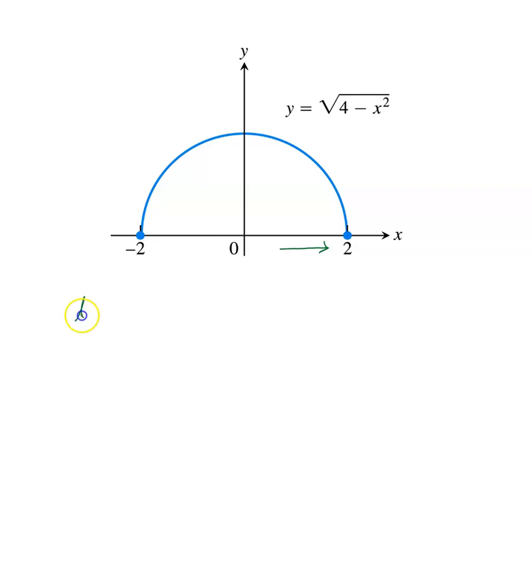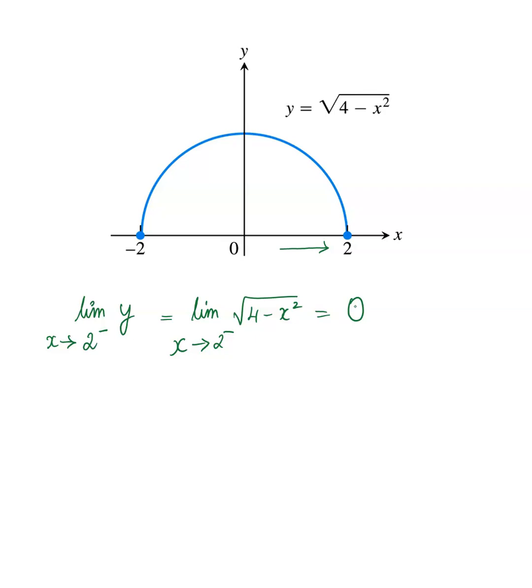So how do I write this? I can say limit of y as x approaches 2 from the left, so it's a minus. Or you could just write it in the expanded form as limit of square root of 4 minus x squared as x approaches 2 from the left is 0, right?